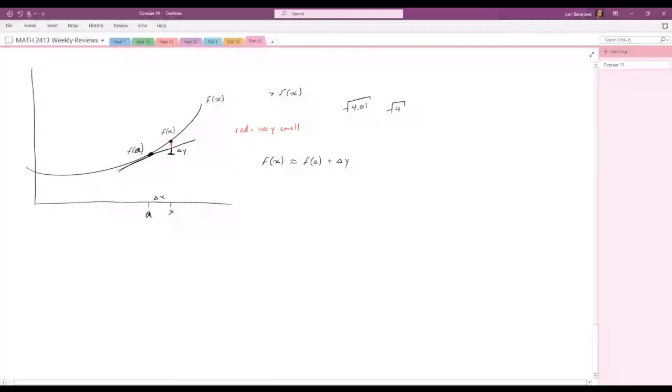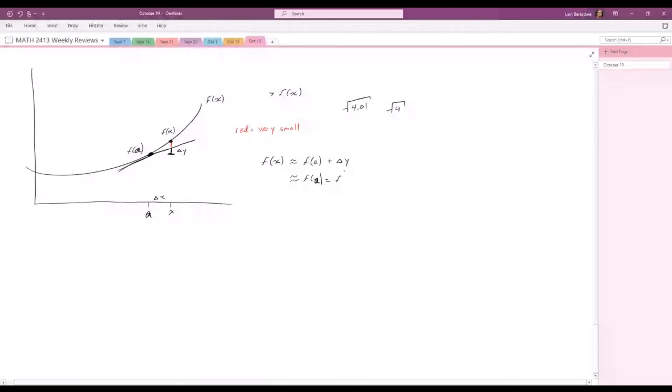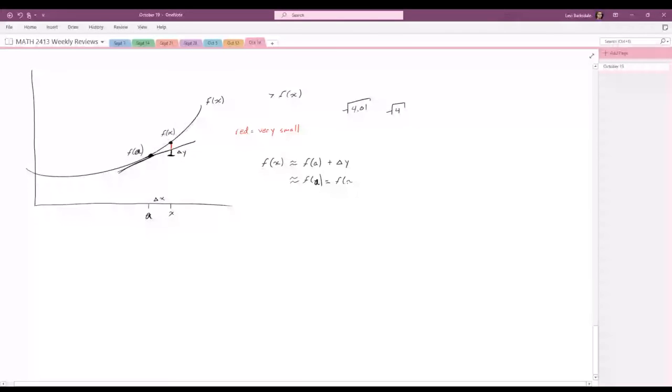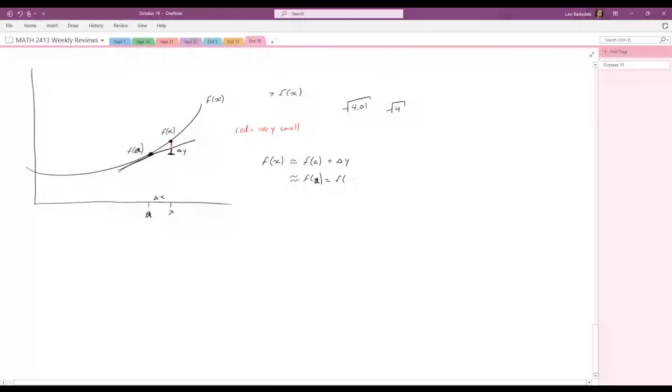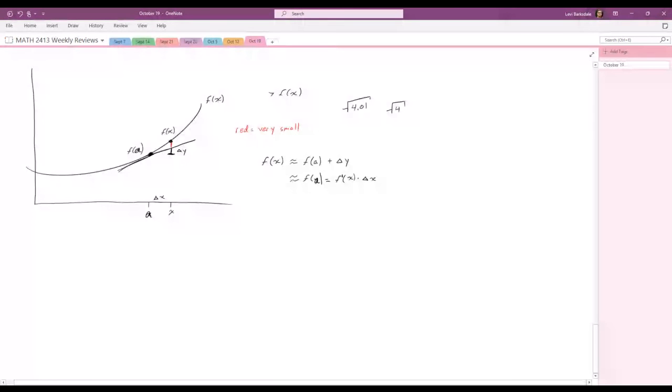But our change in y we can actually represent by saying, well, change in y is really just the derivative multiplied by our change in x. In other words, it's the slope of our tangent line multiplied by however far over we went.